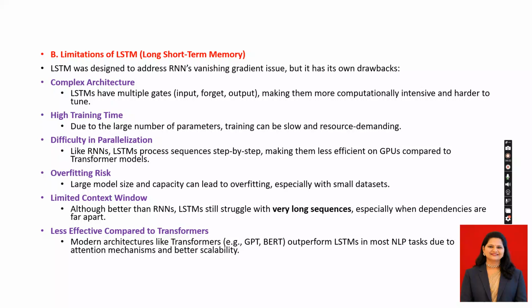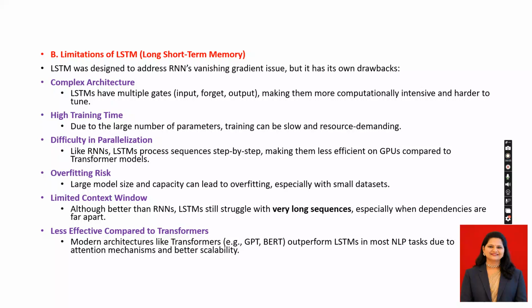LSTMs are also prone to overfitting when trained on small datasets. Most importantly, even LSTM struggles with extremely long sequences. Because of this, transformers have become the preferred architecture in modern language models.